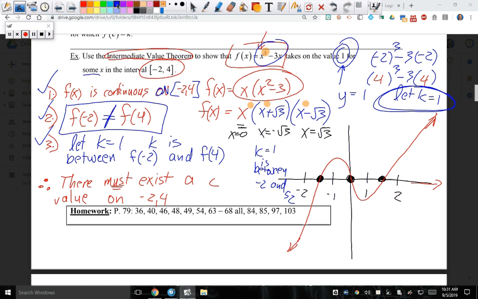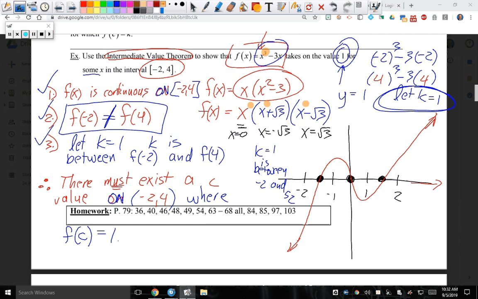Because it can't, just like f of A cannot equal f of B, this C cannot equal A or cannot equal B. You with me? It's going to be in between. So there must exist a C value on -2 to 4 where f of C, careful, is equal to what? 1. Nice.